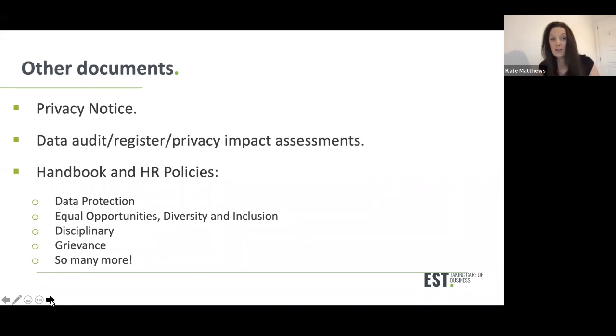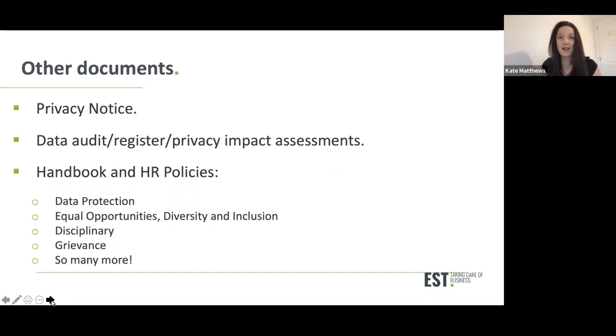And in order to come up with that privacy notice, you should really be carrying out a data audit. You should have a data register, which is essentially a great big table saying these are the documents that we're going to process on employees.